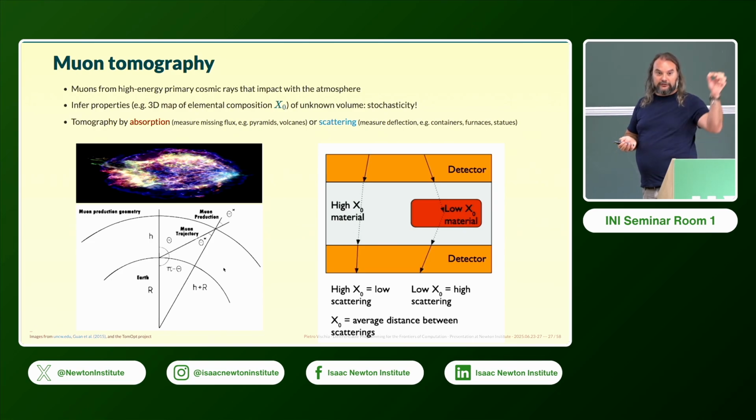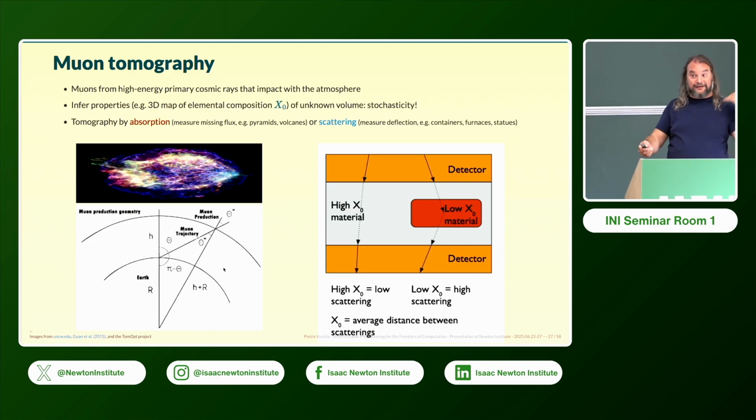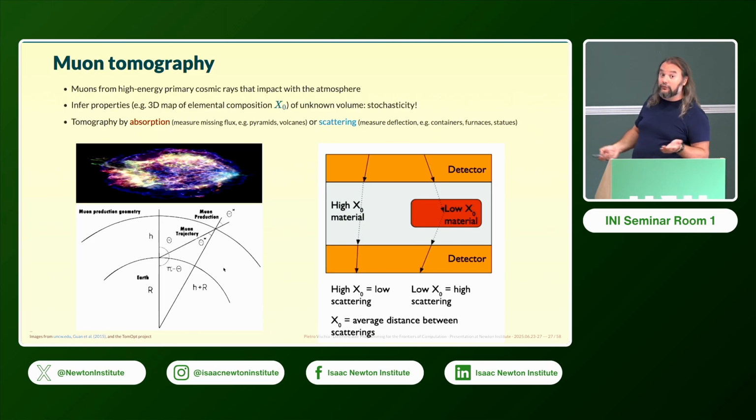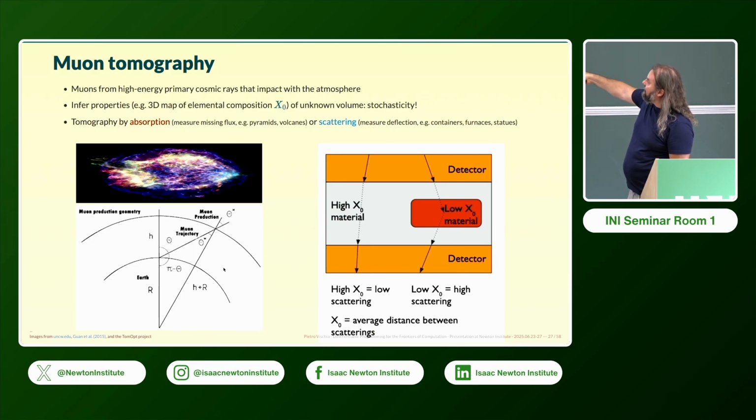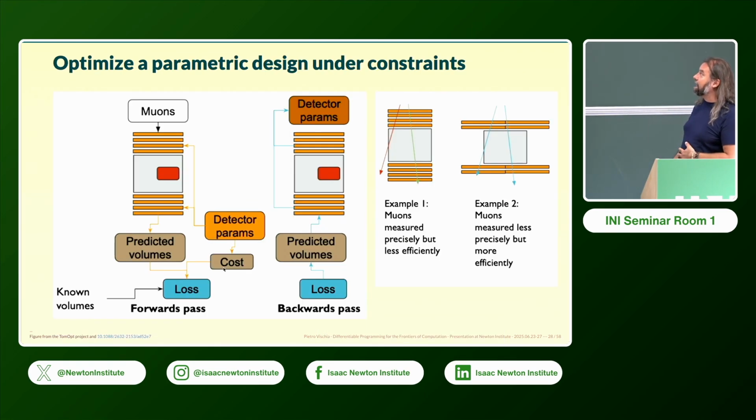Second, they enter matter, so we have 1 muon per square centimeter per minute passing through us. So we can think of using that to do tomography. If you put detectors before and after some material, the deflection angle of the muons is related probabilistically to the atomic number of the material. So you can do tomography with this.